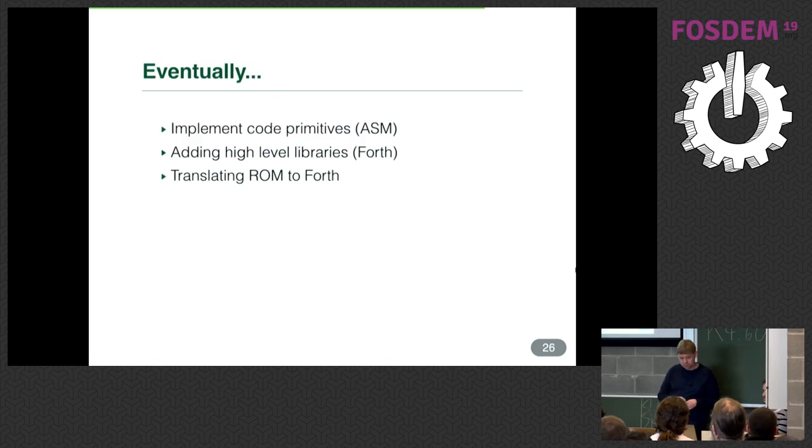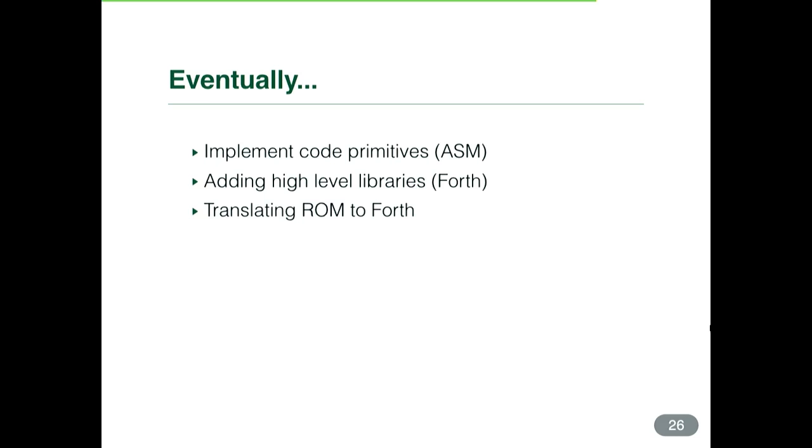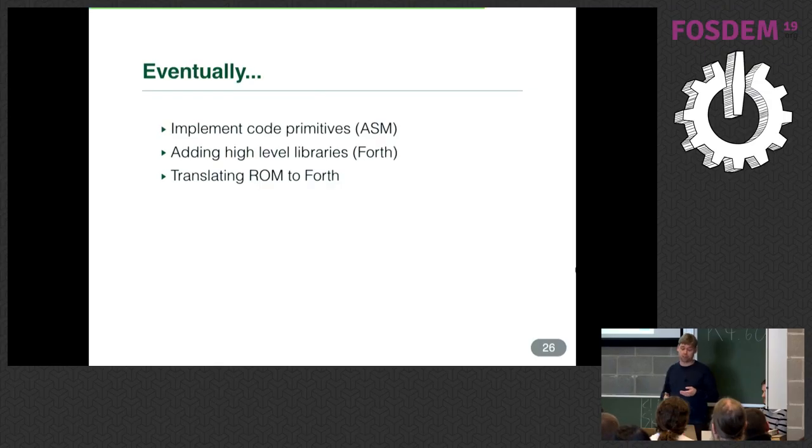So we basically started working on this. The idea is that at some point we redefine the colon word that usually creates a new definition into something that collects the definitions that you wrote for later compilation to the Game Boy. And slowly we added code primitives in assembler, basically defining what does swap do, what does plus do, and so forth.